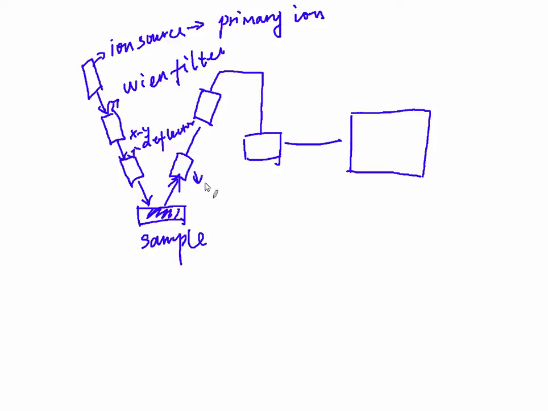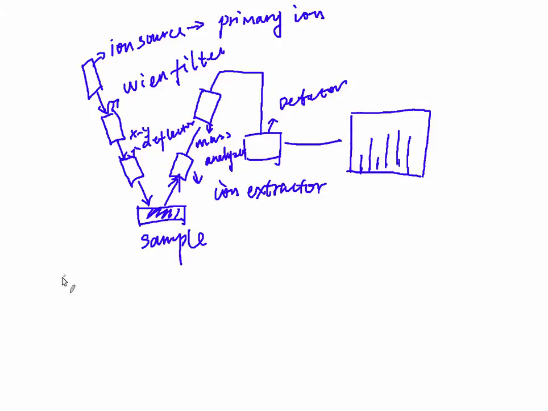The secondary ions will be released from the sample surface and collected by an ion extractor, then pass through a mass analyzer and reach the detector. After that, you can get a spectrum of the secondary ion mass spectroscopy.